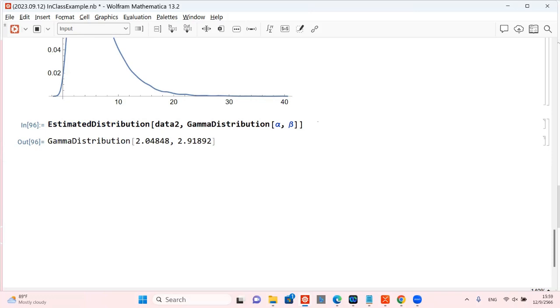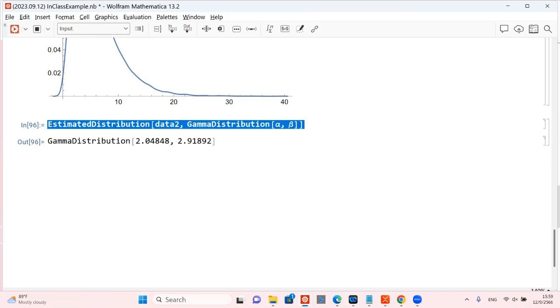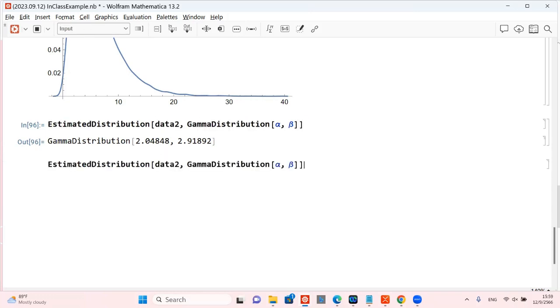On the other hand, let's say I make another guess. Let's make another guess. Data, and I call this one log normal, and it's called mu and sigma.